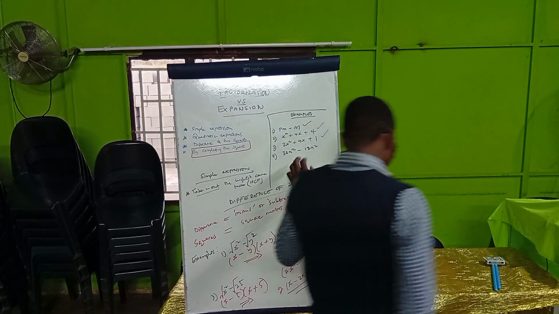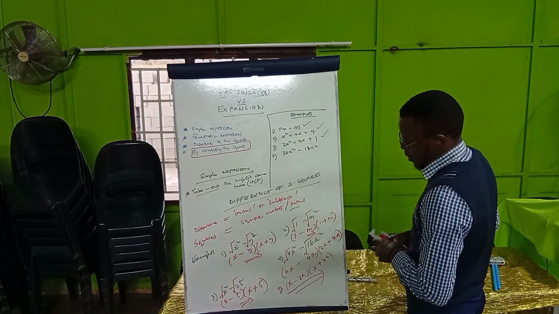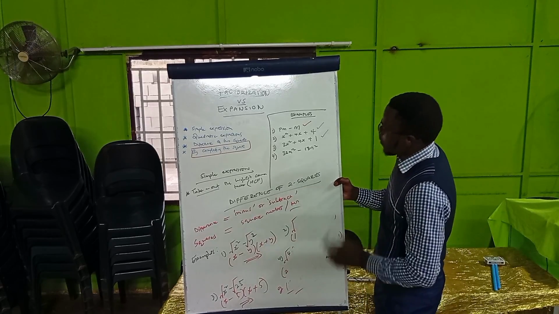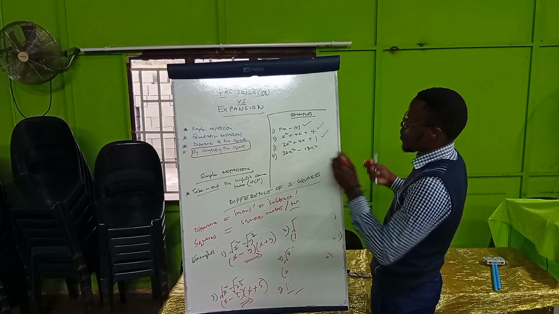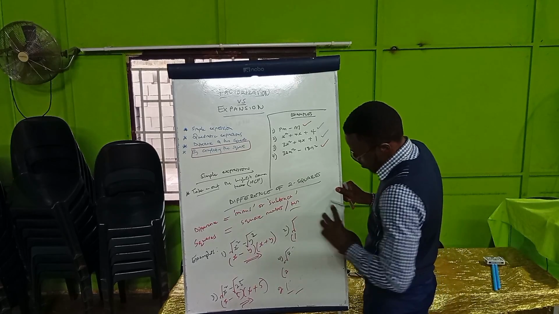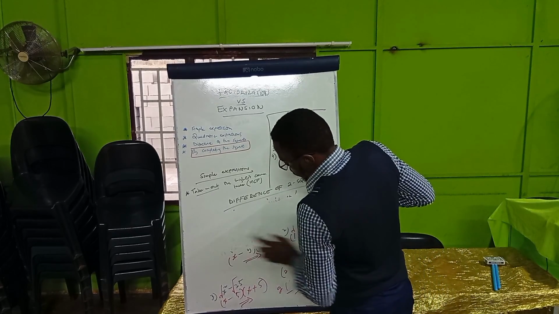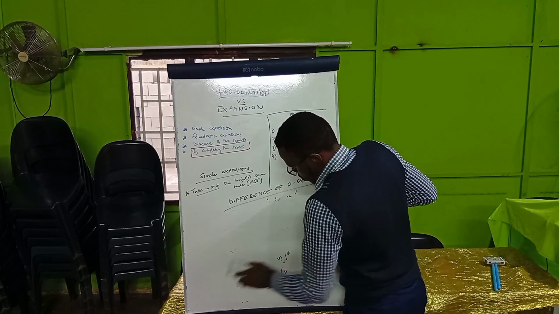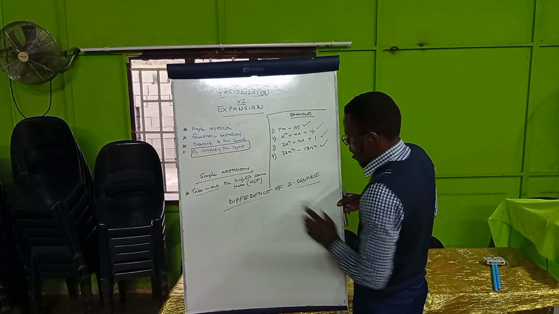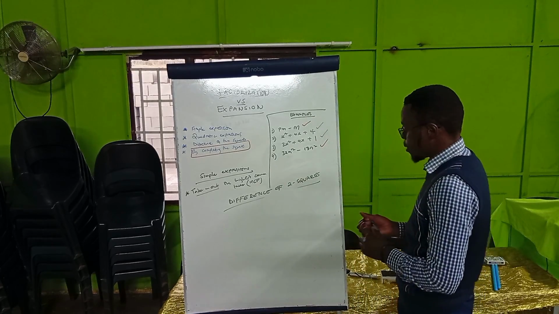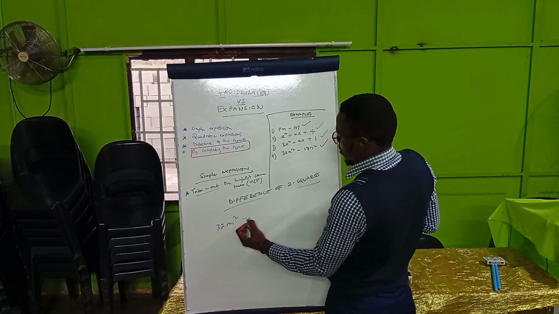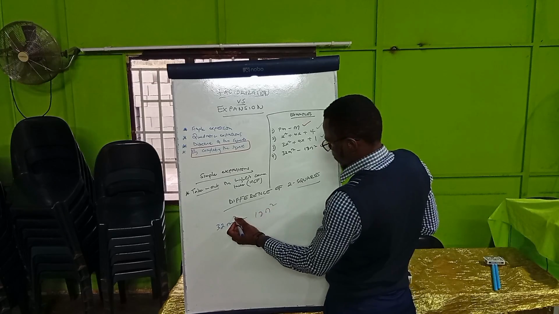Right. Now let's do this one, which I have demonstrated here as a. So let's do this one as our final example. So you notice that in this case particularly, we've got 32m squared minus 18n squared.